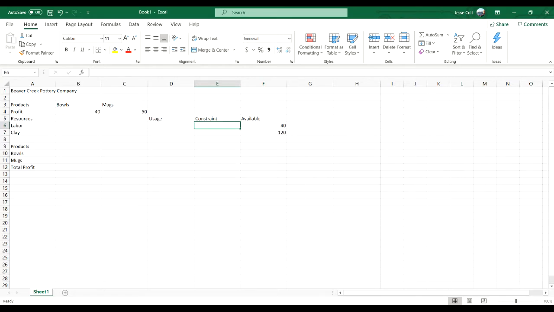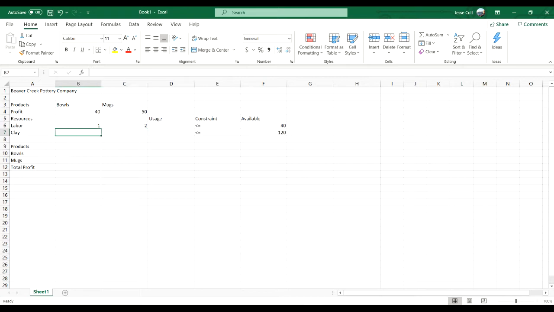So this must be less than or equal to, less than or equal to. From the problem, we know in terms of labor, the first one, bowls, uses 1 hour of labor per bowl. Mugs is 2 hours of labor per mug to produce one. That's what we've indicated here.